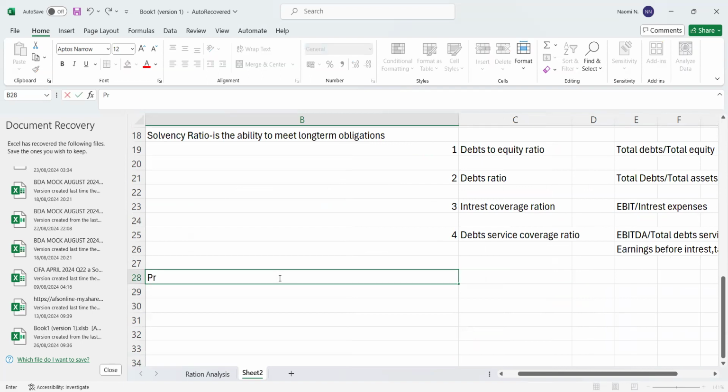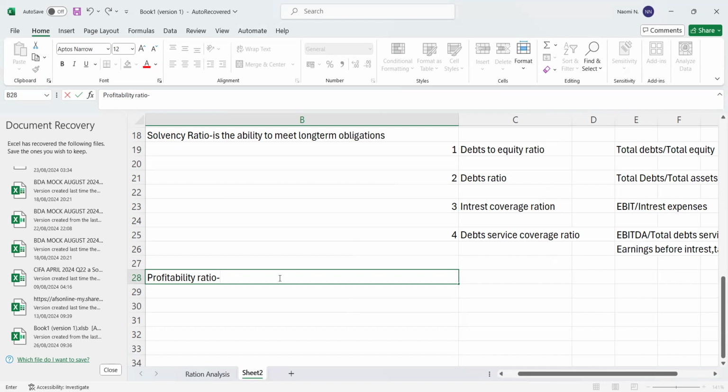So we have profitability. The profitability ratio assesses the company's ability to generate profit and measures its overall profitability. This ratio helps evaluate the company's operational efficiency, effectiveness in managing costs, and ability to generate returns for each shareholder.